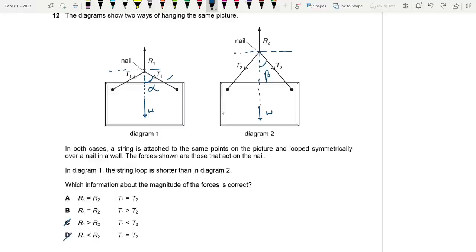Now, what about the cos angle though? Do you guys know the graph of cos x? It begins at +1 and goes like this. So how does cos behave?